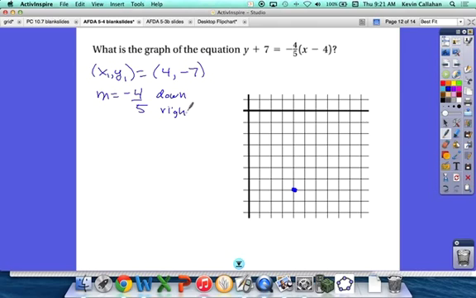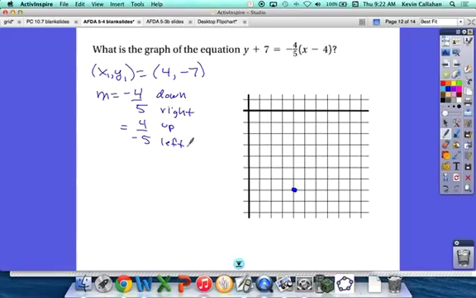Where would that put me? Down 4, right 5, I'm not even on the graph. How could I do that a little different? Yeah, instead make it +4 over -5. It's still a negative fraction, but now it's telling you to go up 4 and left 5. And that actually keeps you in the graph, which is a choice you could make or not.